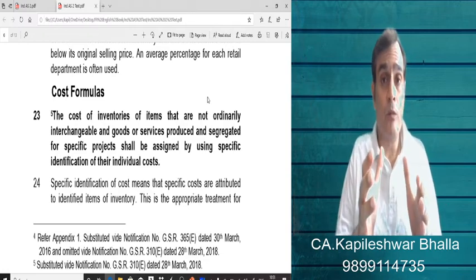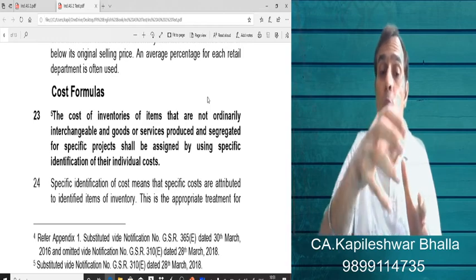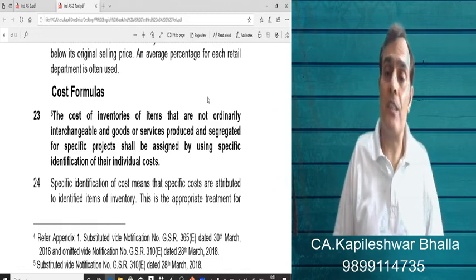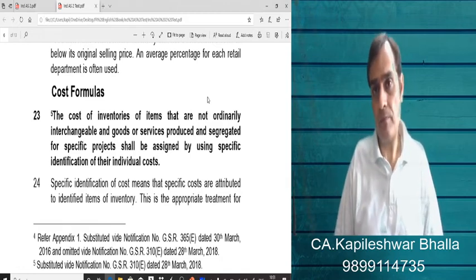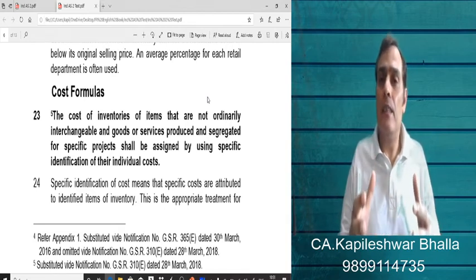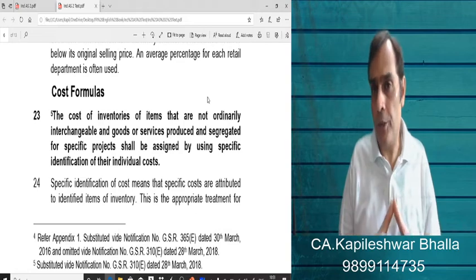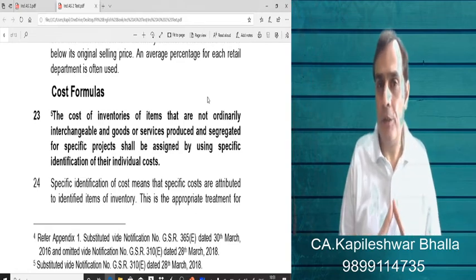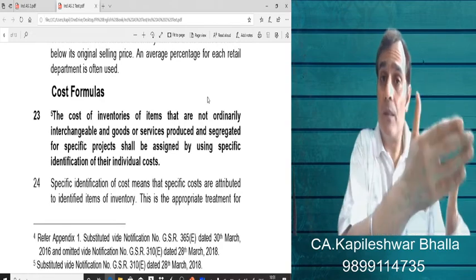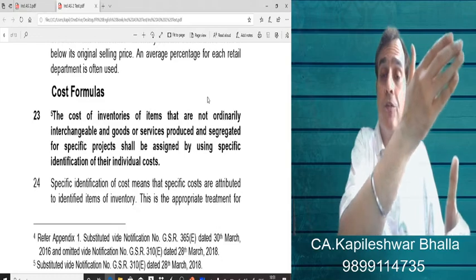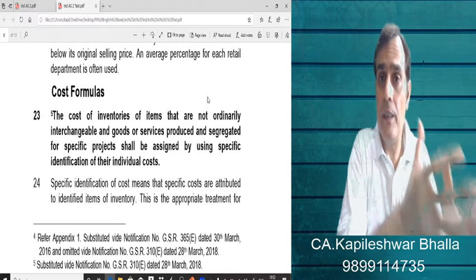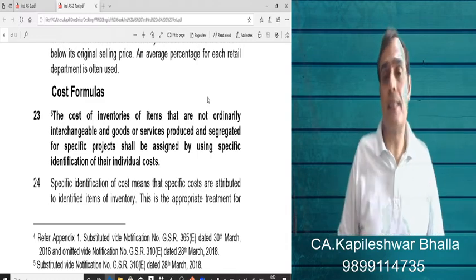The company would always have a record of whatever cost is incurred on that specific project, and this is called a specific identification method. So when the company is dealing with tailor-made inventory which is not ordinarily interchangeable, we use the specific identification method. When you sell that inventory, you know the cost incurred in manufacturing or producing it, and accordingly you would book a cost and the revenue against it.